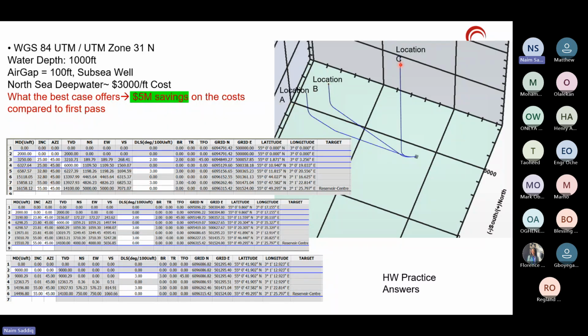Location C was my favorite. I told them if you would like to hit the target at 55-degree inclination, you have to come from location C, and don't kick off too late. You can kick off very deep. That way, you don't have to use expensive directional tools. You just kick off and hit the target. That will be the shortest trajectory.